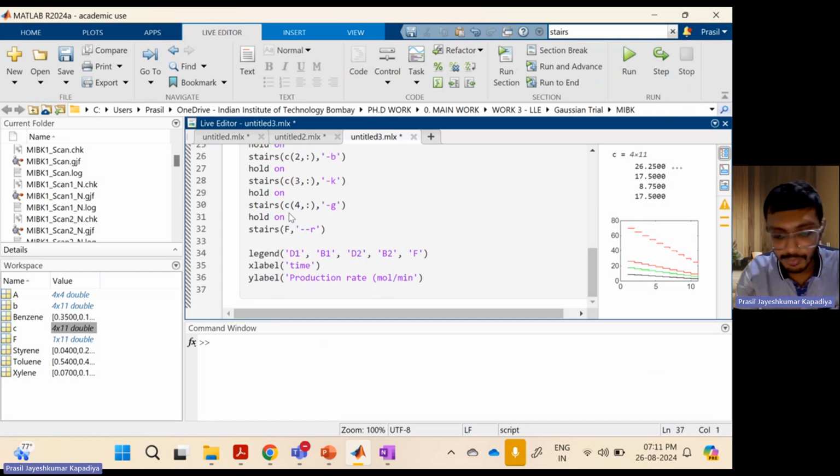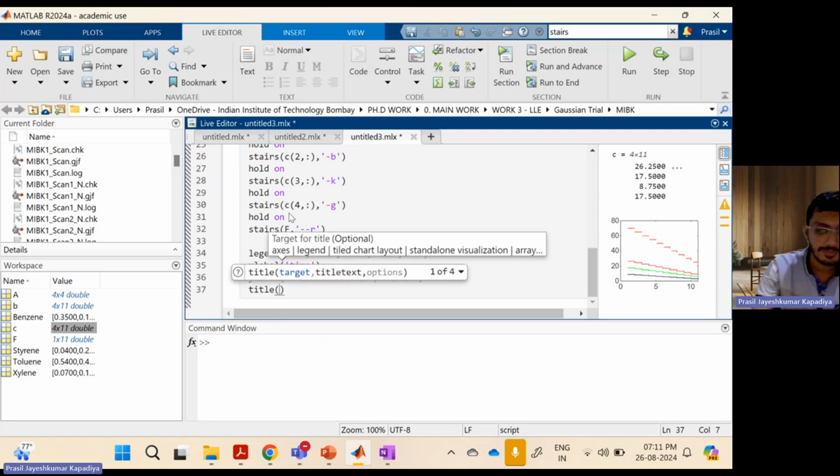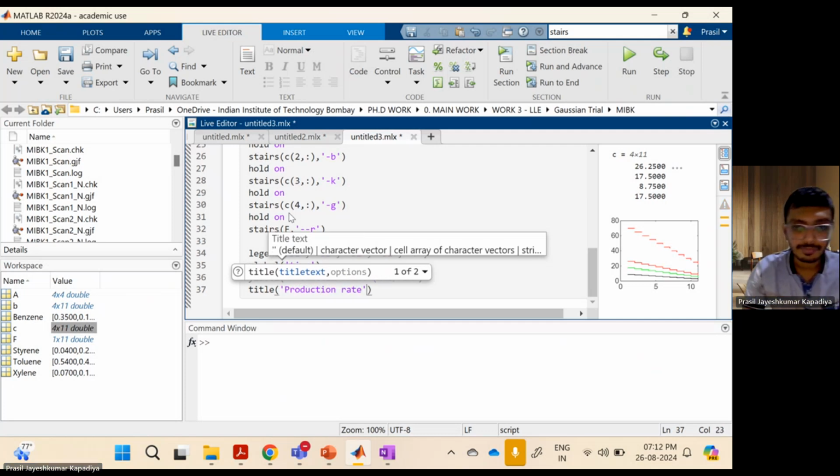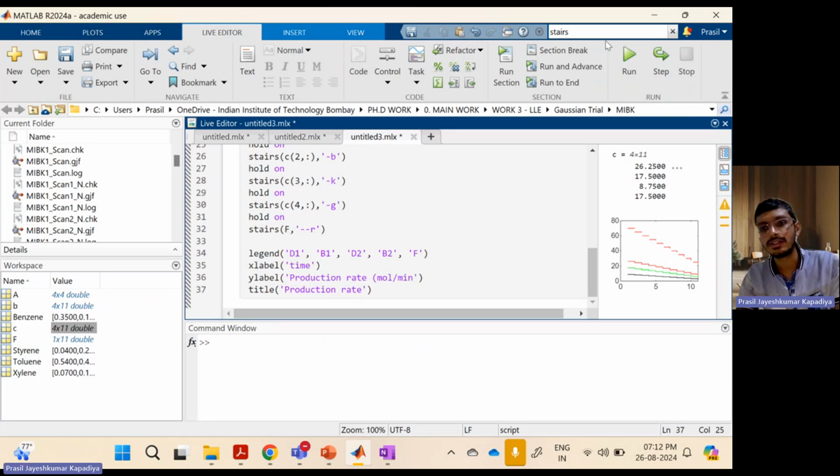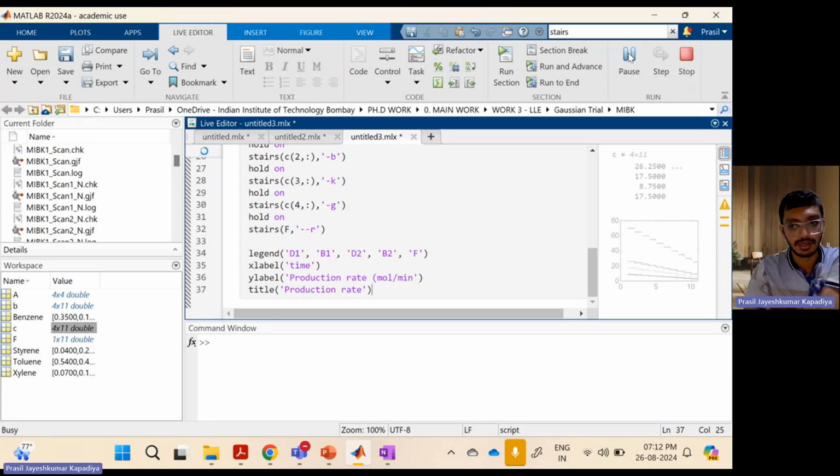Let's say I want to give chart title. So it is done by using title command. So I can write this title production rate. Okay, and now let's run this and see what we are getting.